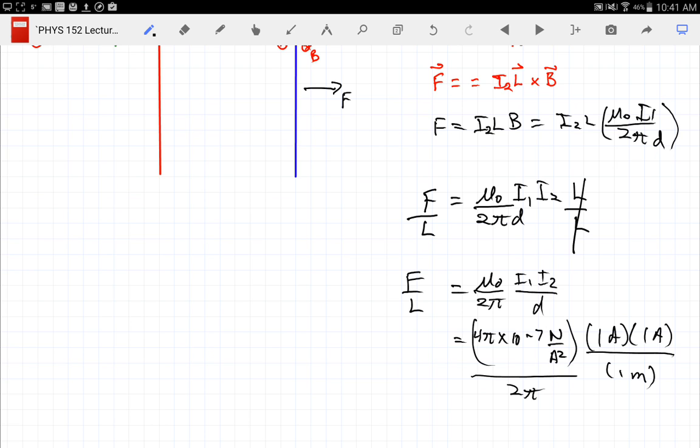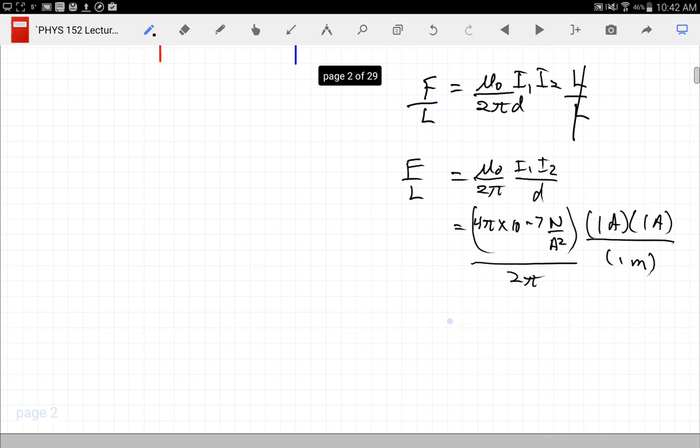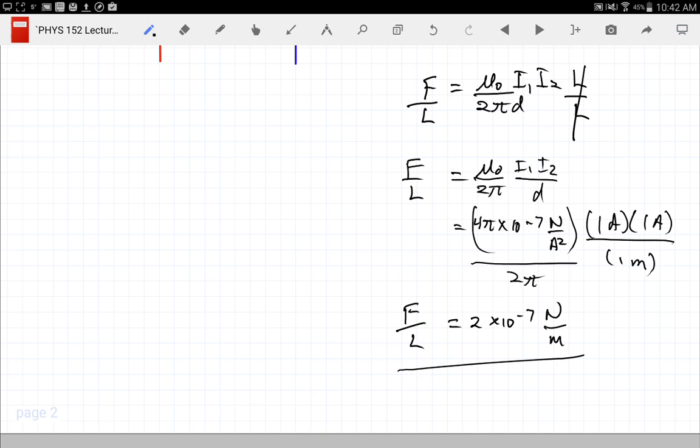So putting in the definition of what the force per length should be if it's 1 amp, 4 pi divided by 2 pi is 2. Everything else was a 1, so we end up with 2 times 10 to the minus 7. Newtons don't cancel, the amps canceled, and meter was a new one. And so that's the way the ampere is actually defined, is the current that's going to make the force per meter 2 times 10 to the minus 7 newtons per meter.